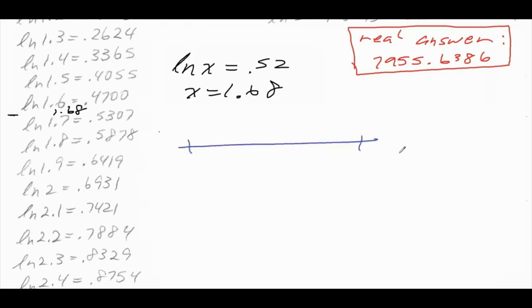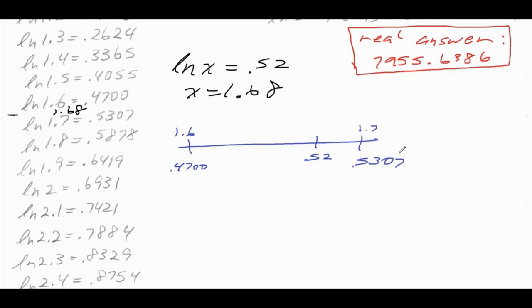And so we know that log of 1.6 is 0.4700, and for 1.7 it's 0.5307. It's this one. And we know that in between we're looking for what number would give us 0.52.